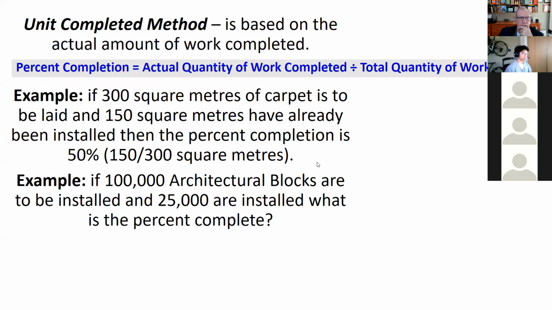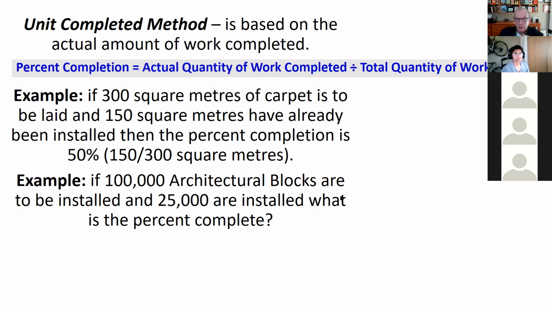So as an example, the unit completed method is something that's fairly easy to grasp, right? If you're dealing with masonry, like Robert would relate to this, bricks or blocks, how many have you done in a day? That's for productivity.